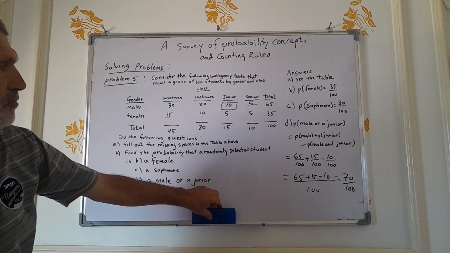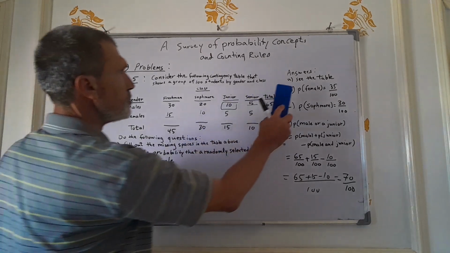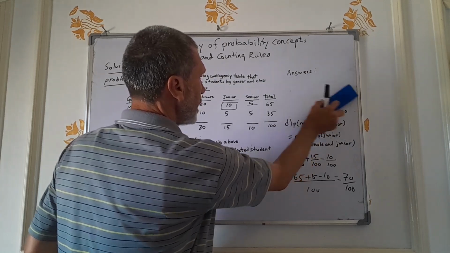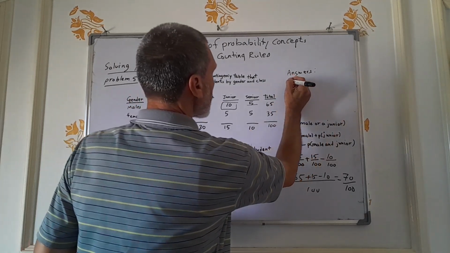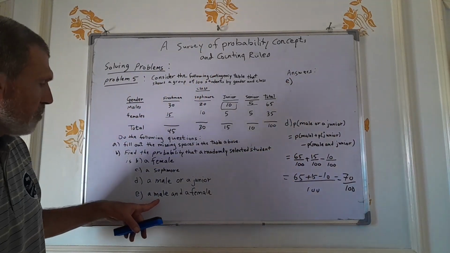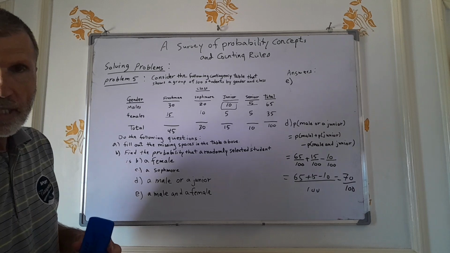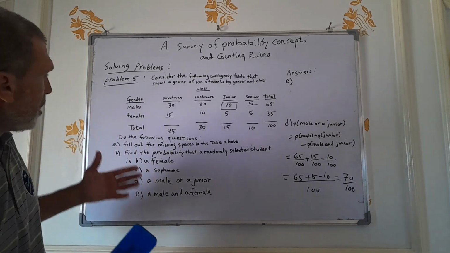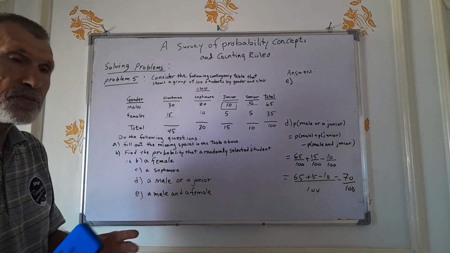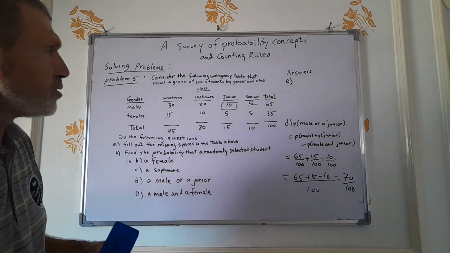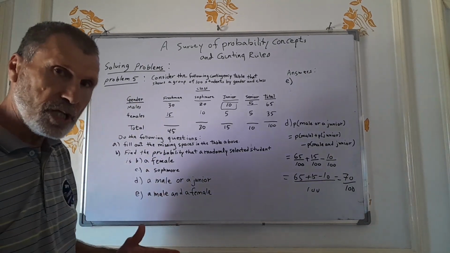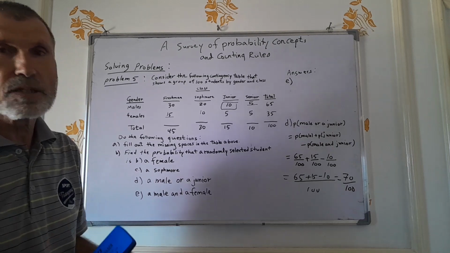Now, let me erase first here and solve part E. Part E says the probability of a male and a female. As you can see here, those don't intersect. This is the joint probability, but a student cannot be male and female at the same time.